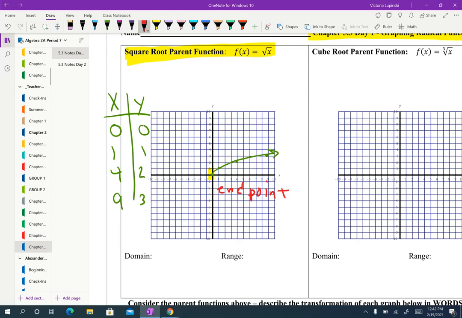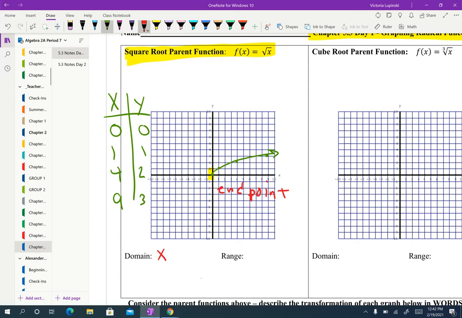Now we want to talk about domain and range. So again, domains are always x's and ranges are always y's. And we're going to ask you to give those domain and ranges in interval notation, but we'll go ahead and start using inequalities just to make sure that we remember the relationship. So when it comes to the domain, we're talking about the x's.